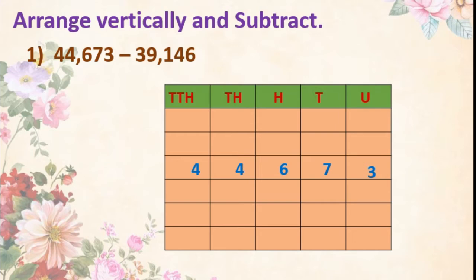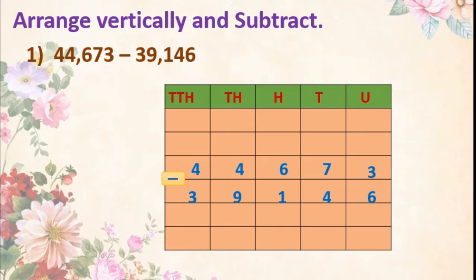Okay. Now the second number is 39,146. So 6 we will write in unit place and 4 in the tens place, 1 in hundreds place, 9 in thousands place and 3 in 10,000s place. Okay, we will put minus sign here.